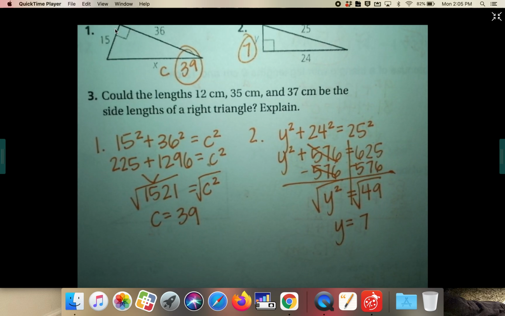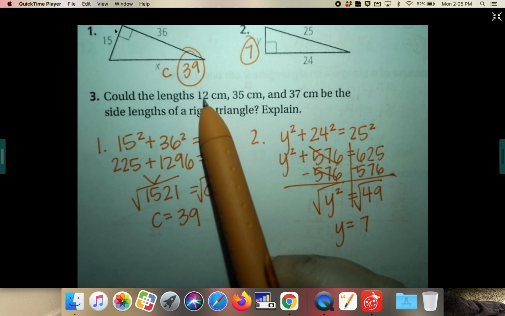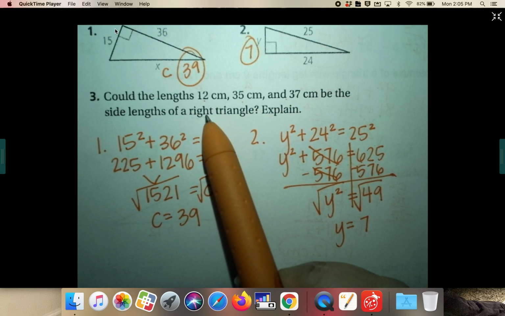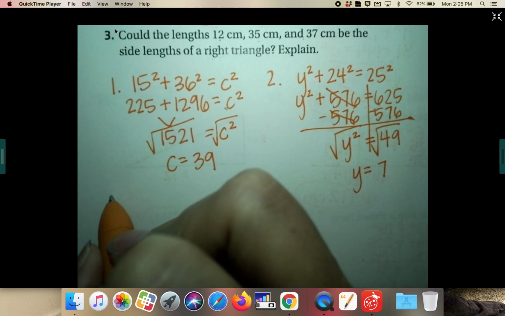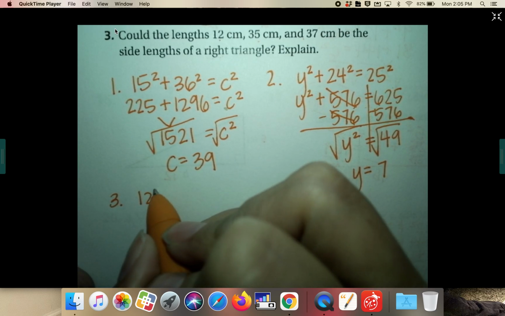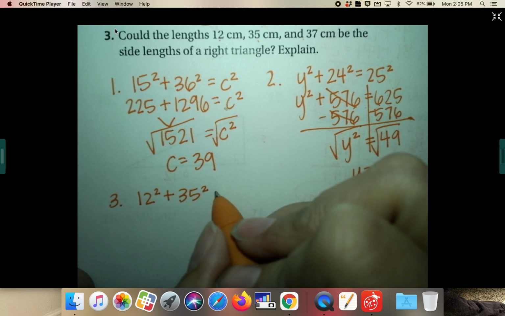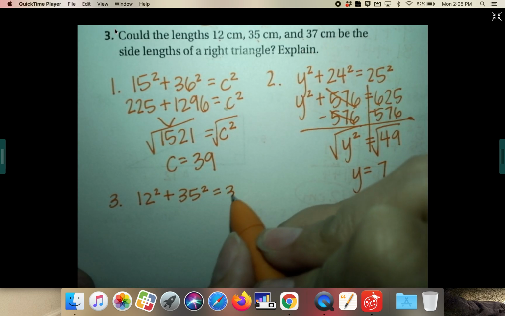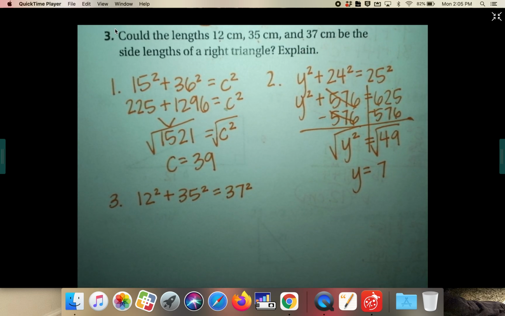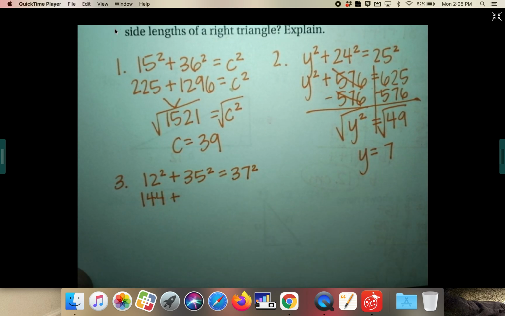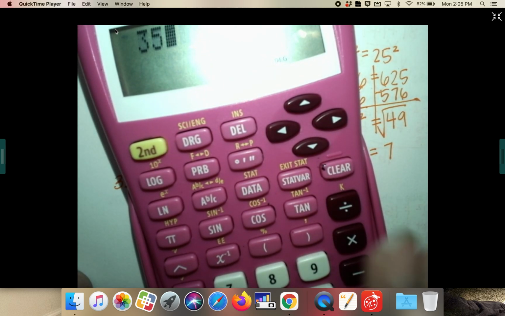Okay, and in the very last one it says, could the lengths 12, 35, and 37 be a right triangle? So let's just check and see. So I'm going to put 12 squared, I'm going to add it to 35 squared because those are my two legs, and see if it equals the hypotenuse squared, which is the 37. So this would be 144. 35 squared is 1225.